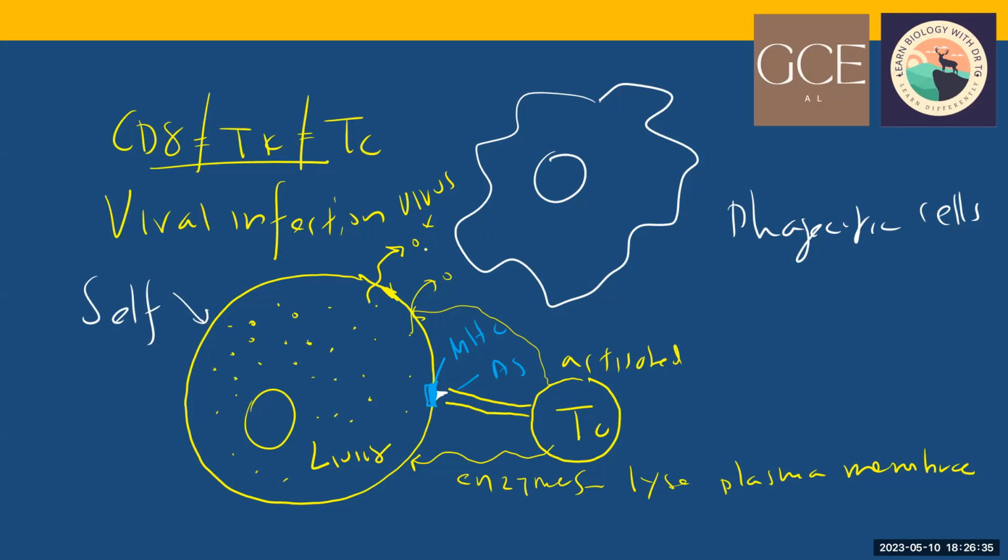In that case, cytotoxic T cells are very important in viral infection because they can specifically find infected cells and lyse the infected cells. Viruses are released. At that time, phagocytic cells can take this virus for phagocytosis. So this is one function of cytotoxic T cells in viral infection.